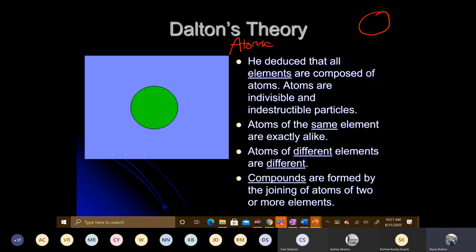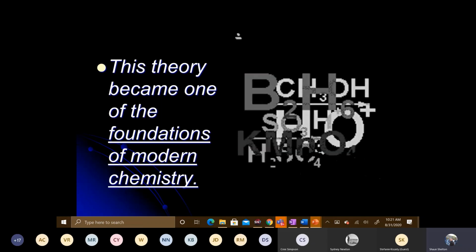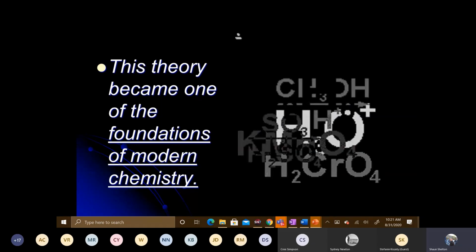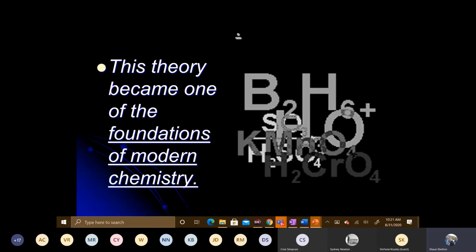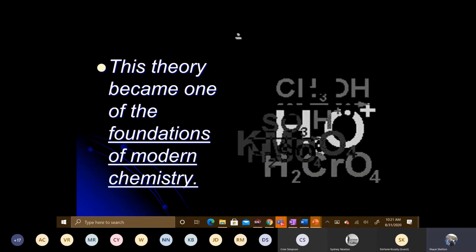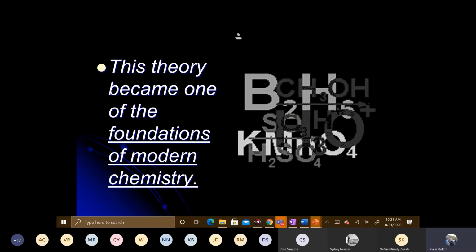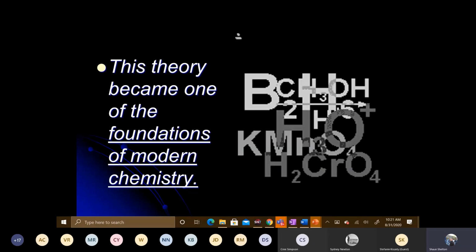Keep in mind, in the early 1800s they didn't have much technology to help them determine what exactly the atom was. This theory became one of the foundations of modern chemistry, and I also like to think of Dalton as the father of chemistry, because a lot of the techniques he used are still used today in labs.